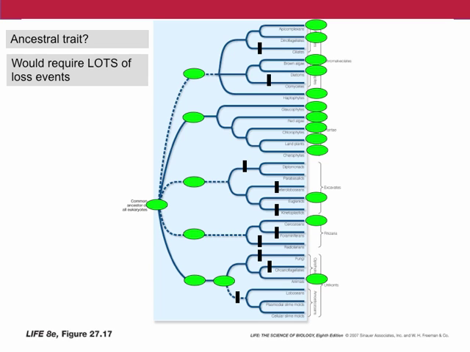If that's the case, we are going to have to propose a huge number of loss events in the evolutionary history of eukaryotes to explain all of the lineages that don't have chloroplasts. It's entirely possible; throwing away an organelle could easily happen in many lineages. You can actually get some eukaryotes to throw away their mitochondrion.